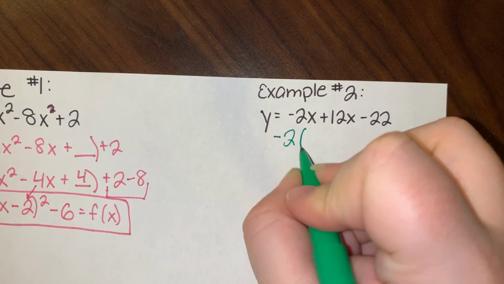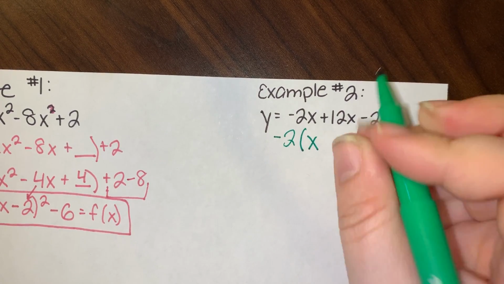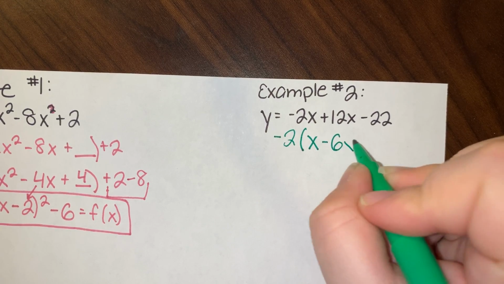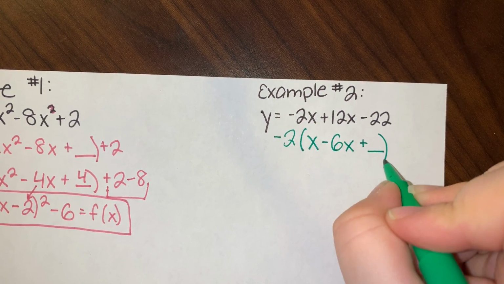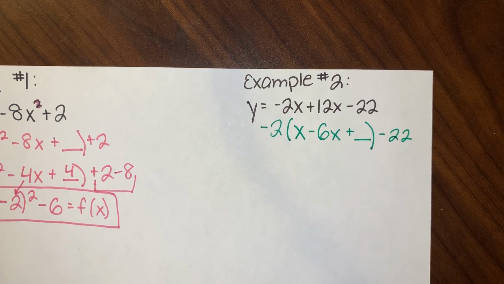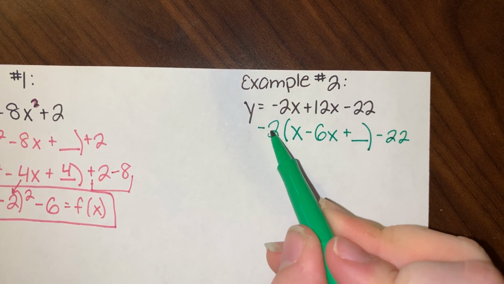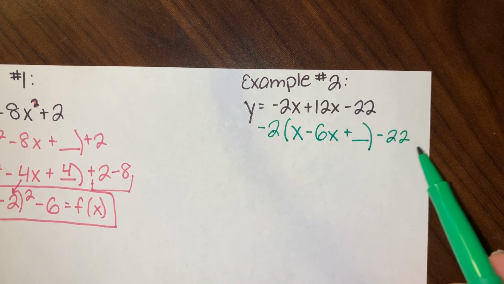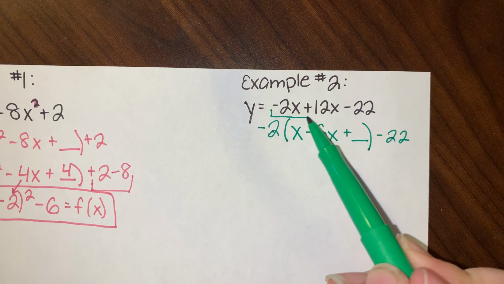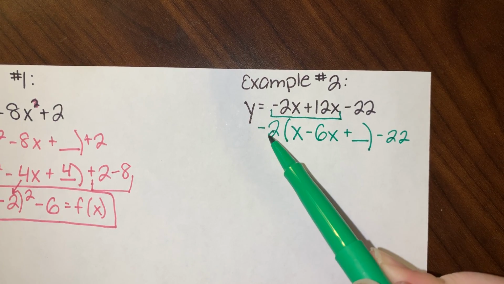So -2 parentheses x, and then 12 divided by -2 is -6x, plus something, minus 22. All I did was shift over this -22 and factor out a -2 from this part of my equation.